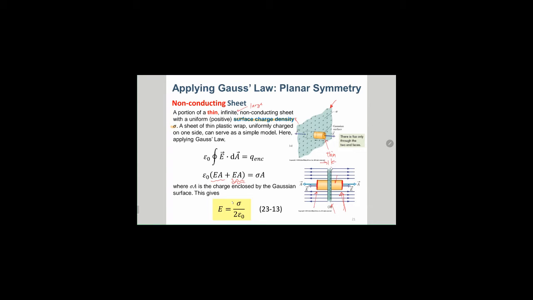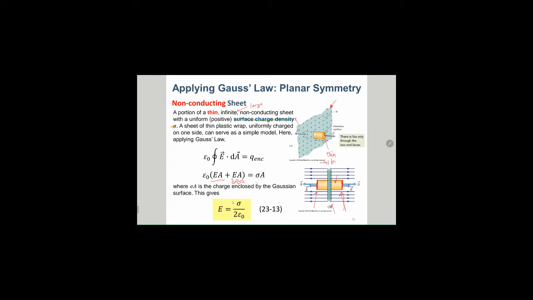Of course, it cannot be drawn as zero, so it draws something out, otherwise it cannot draw the plus sign to indicate the positive charge. But you should regard it as a very thin sheet, so that there is one face containing the charge. So we only have sigma times A.